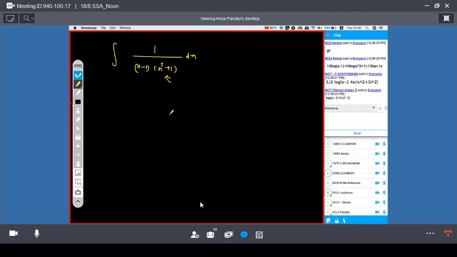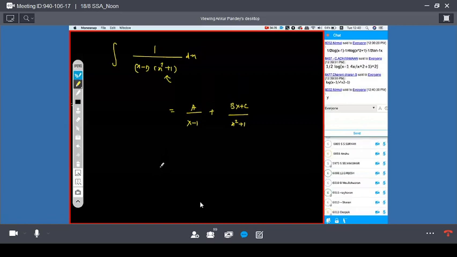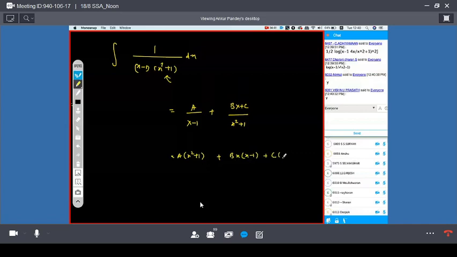Let's see. So for sure you guys are aware that this will be expanded as a by x minus 1 plus bx plus c by x square plus 1. Yes or no? Right? Everyone? So we have a into x square plus 1 plus bx into x minus 1 plus c into x minus 1. Just to comprehend, I am writing that, and this will be equal to 1.